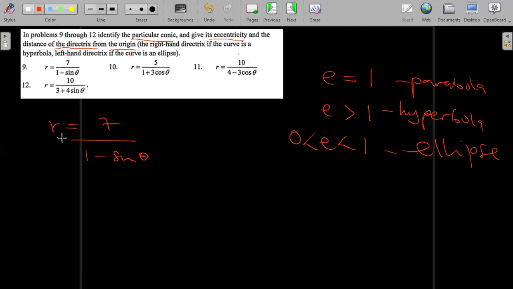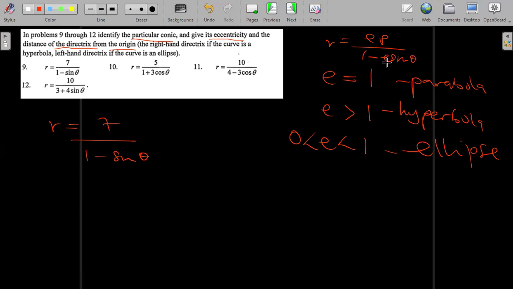So we said r already to be equal to that. Now here I have sine, but what is in front of sine? I have a 1 in front of sine. And remember, the general form is r equals EP divided by 1 minus E sine theta.